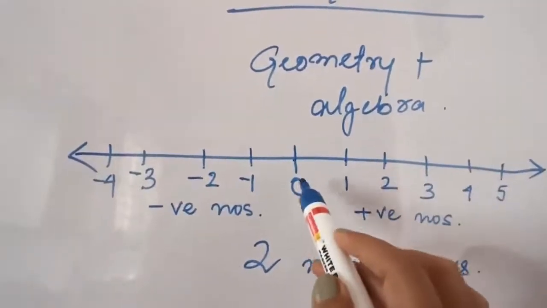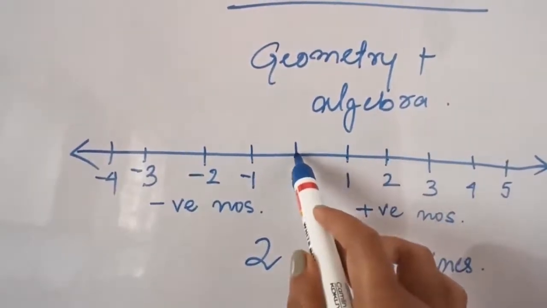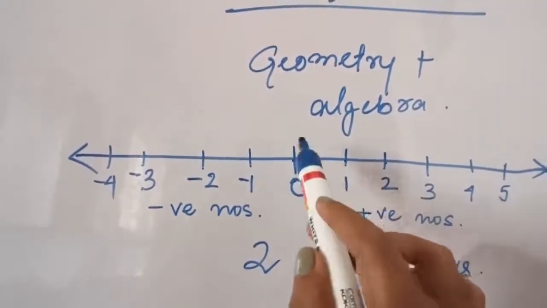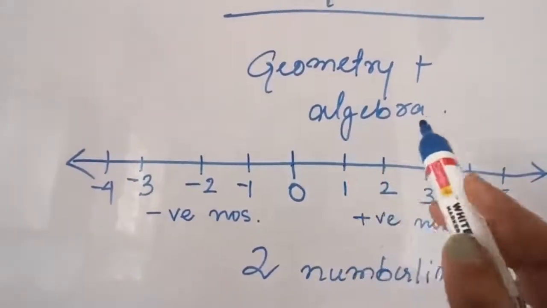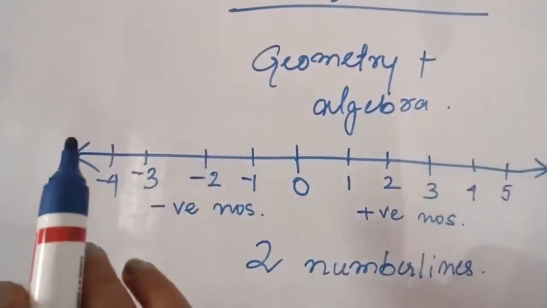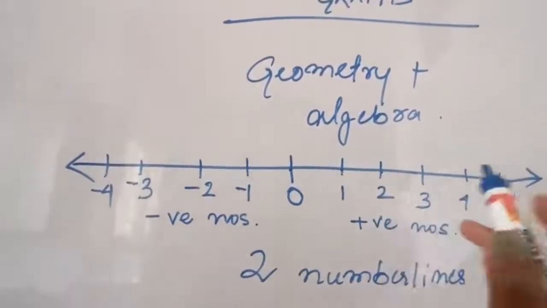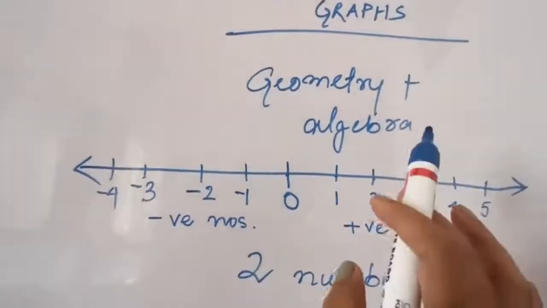So both the number lines will have a midpoint of 0, and will extend in both directions, with positive numbers on one side and negative numbers on the other side. Now, how can both the number lines be plotted on a single paper?